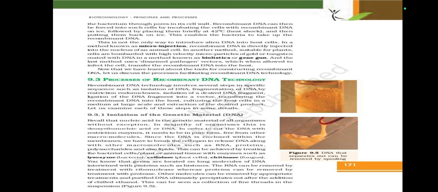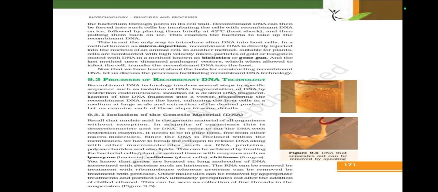This can be achieved by treating the bacteria, plant, and animal tissue with enzymes such as lysozyme for bacteria, cellulase for plant cells, and chitinase for fungus. You know that genes are located on long molecules of DNA intertwined with proteins such as histones.